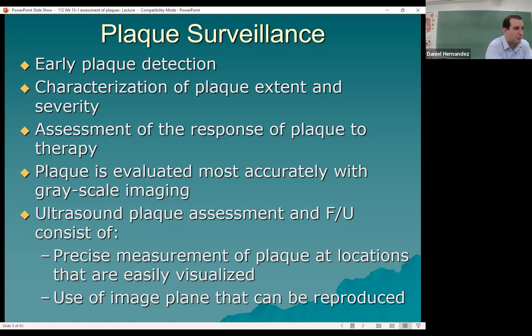When we put our color on, it's like, wow, that's a lot more significant than I thought it would be. So color goes into it as well. When we're doing our plaque assessment, we want precise measurements of the plaque at locations that are easily visualized, and we want to use an imaging plane that can be reproduced.